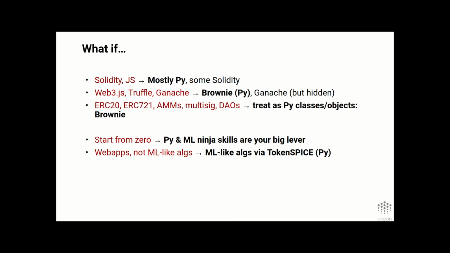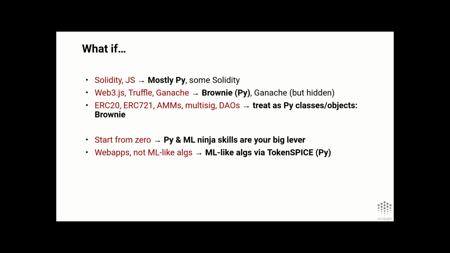So, we're all used to working with Python classes and objects. Now, what was previously just a Solidity smart contract is now a Python class. What was previously Solidity deployed to a chain as an instance on a chain is now a Python object, thanks to Brownie. Also, starting from zero, well, now actually you're able to leverage your Python and ML ninja skills. I'll show you how.